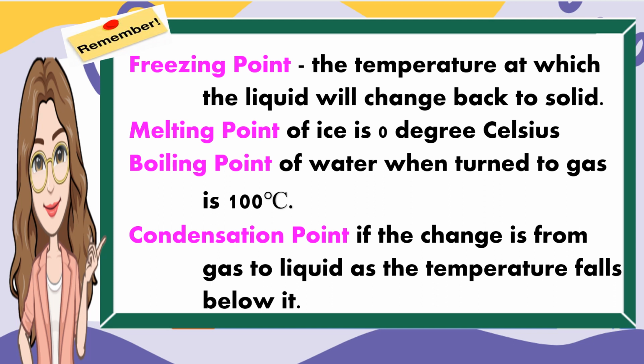The melting point of ice is 0 degrees Celsius. The boiling point of water when turned to gas is 100 degrees Celsius. When we say condensation point, the change is from gas to liquid as the temperature falls below it. Always remember this, kids.